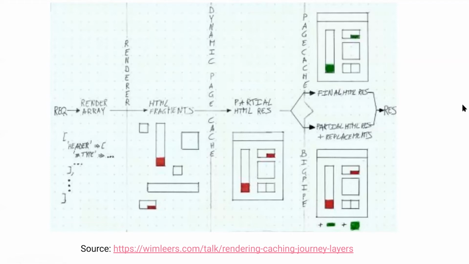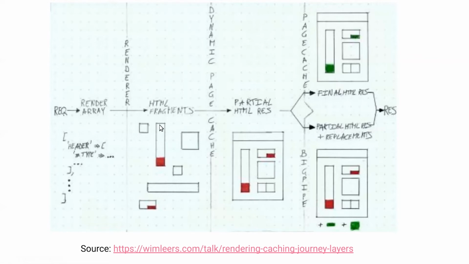So first we'll start from here. The request goes from here. Suppose there is nothing cached, so it will go directly to the controller or the block, whatever it is, and that will provide the render array. That render array will pass through the renderer, which will generate some HTML fragments.